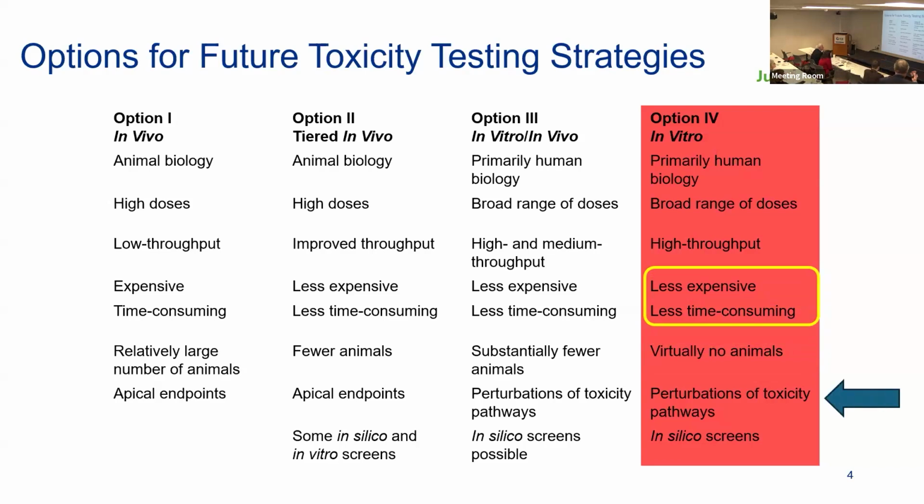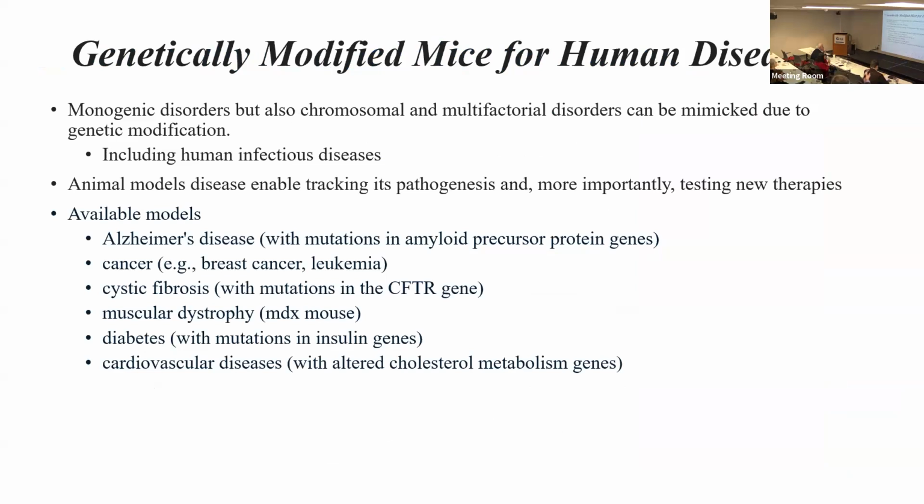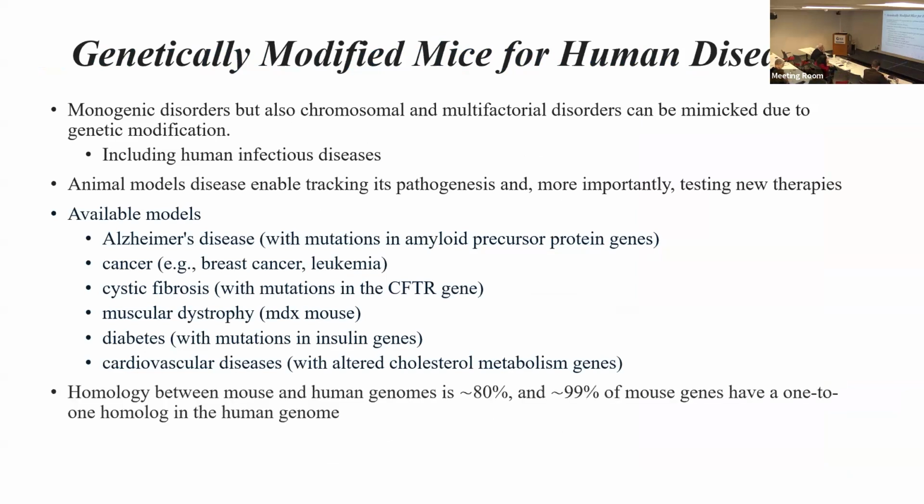Virtually perturbation of toxic pathways, we're beginning to see some of that. I would suggest to you that we're really not anywhere near virtually no animals. If you think about the genetic modifications that we can now do in animals to make them with human diseases, and I've listed some of those diseases, we're increasing actually the number of animals that we use in overall toxicology and biomedical research.